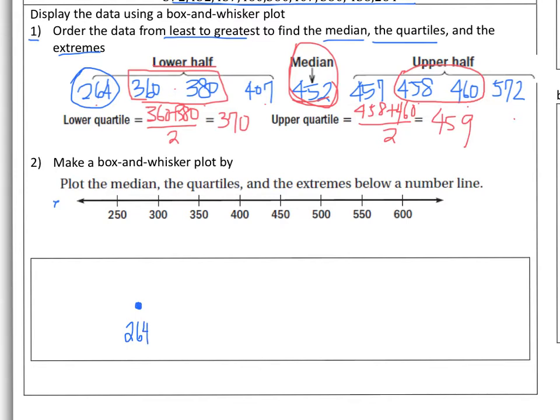And then I'm going to plot 370, the lower quartile. So roughly estimate it. This can probably be around here. And I'm going to plot the median, 452. And then the upper quartile, 459.